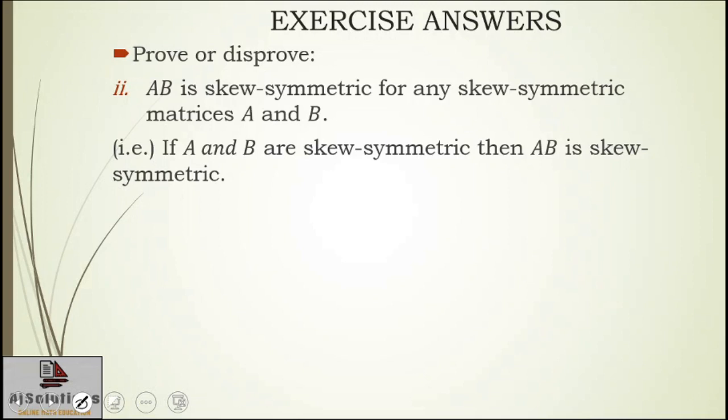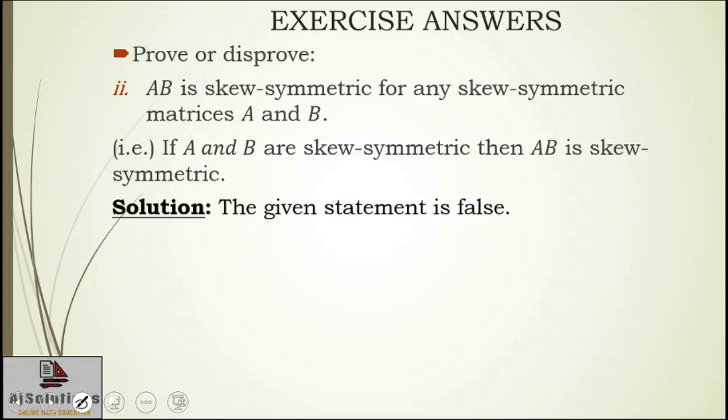So you are stuck at that point, you can't get minus of AB from that BA, so you will have to get a counter example, and the statement is false. So first of all, in the solution you are going to declare the statement is false, and after that you are going to produce a counter example.